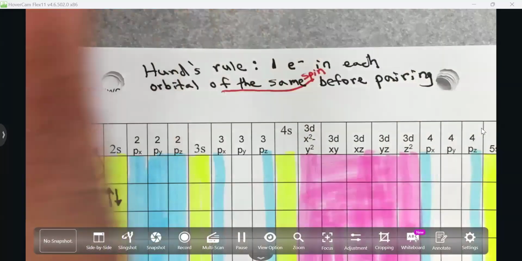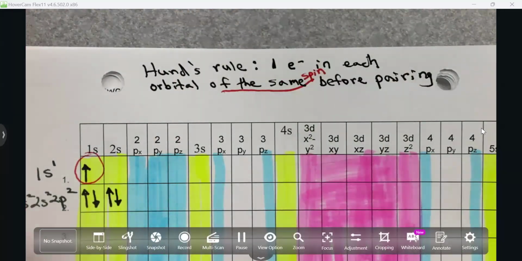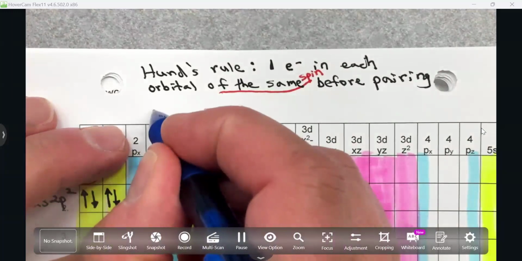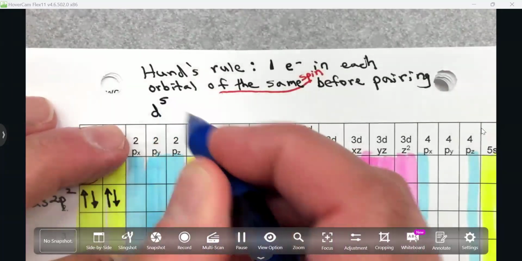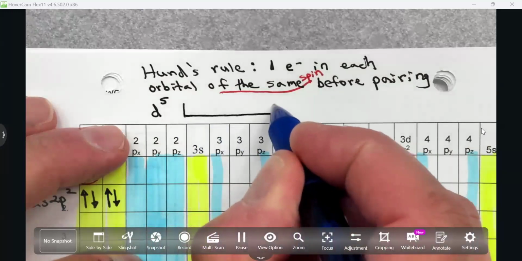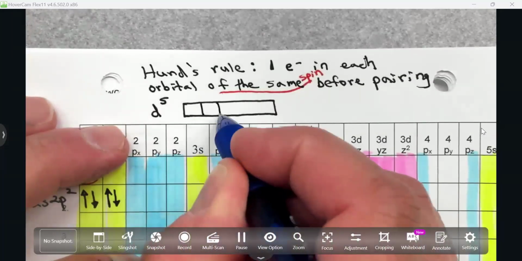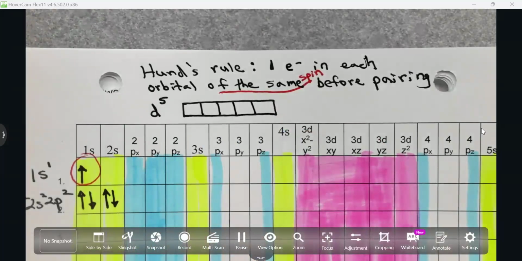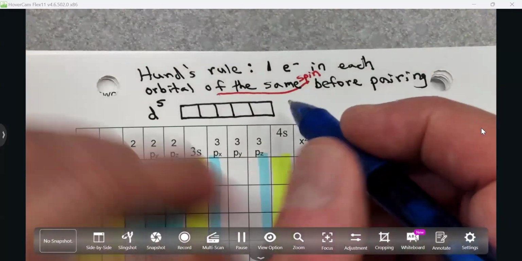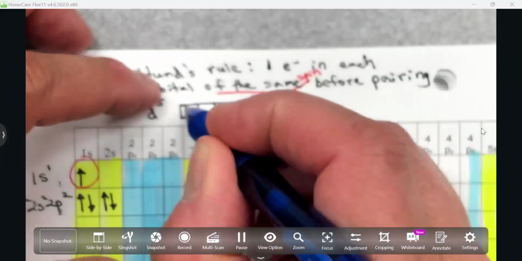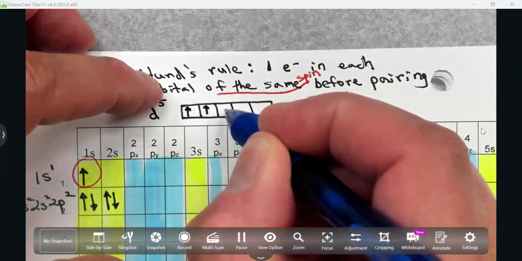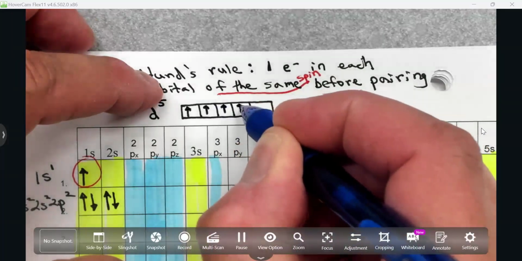Now that means this. If I end in d5, it would look like this: 1, 2, 3, 4, 5. I have 5 d orbitals, correct? So if my electron configuration notation ends in d5, I have to do one electron in each orbital of the same spin before pairing up.